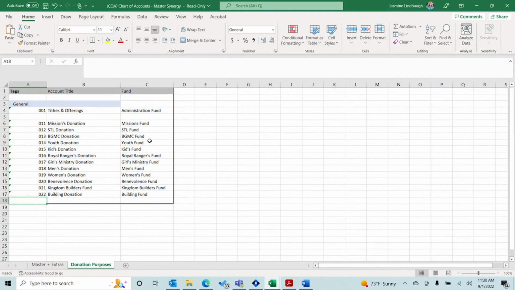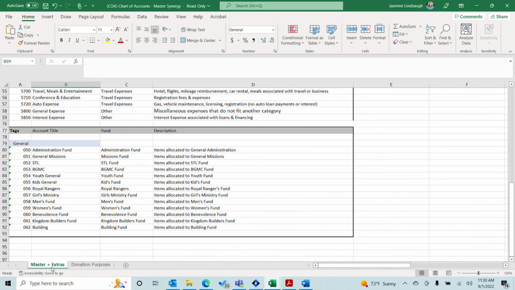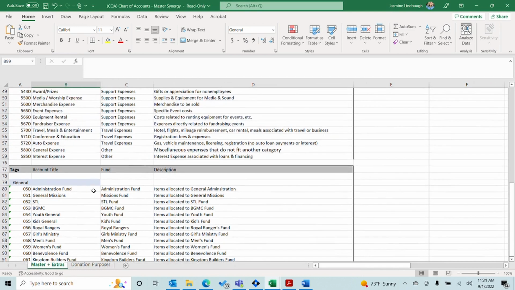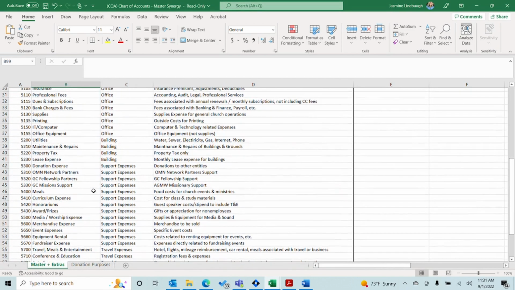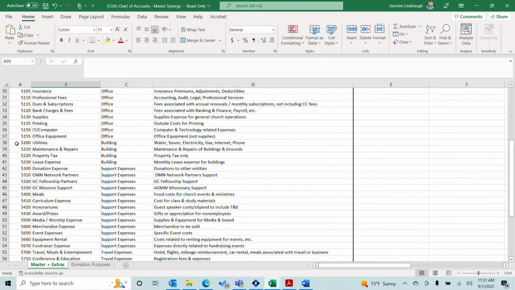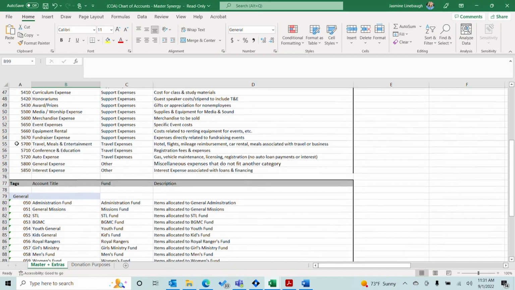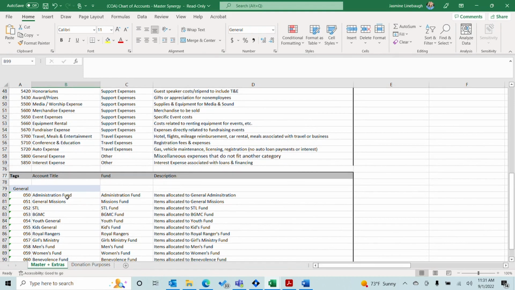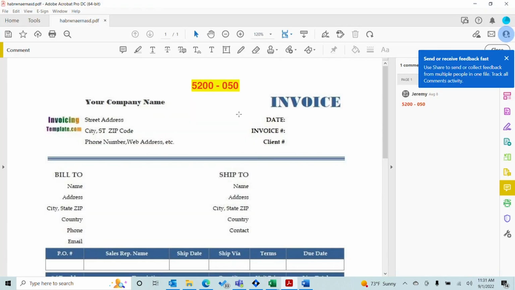This will be money that is leaving the church because we are paying a bill. So I look for utilities. That number is 5200. The department that it's coming out of is administration. That number is 50. So I will write 5200-50 on the invoice. And you can see that's what we did here.